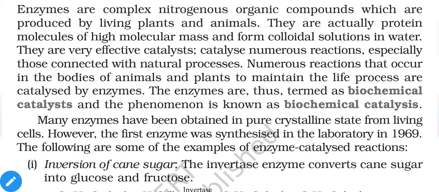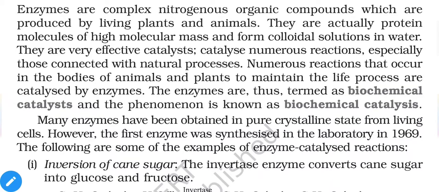So our body regularly uses many different types of chemical reactions for survival, and these chemical reactions are normally extremely slow, and we need to increase the rate of reaction, otherwise the simple process of digestion of food will take up to a month. That means the food you consume today will be digested after almost 30 days.